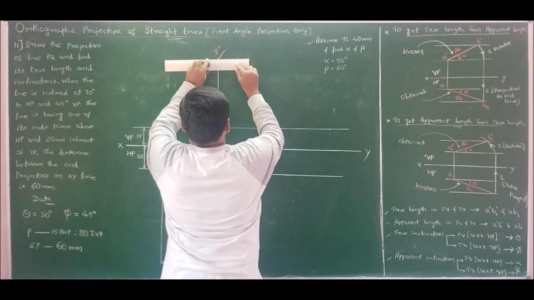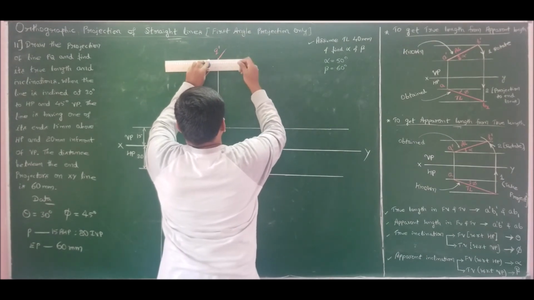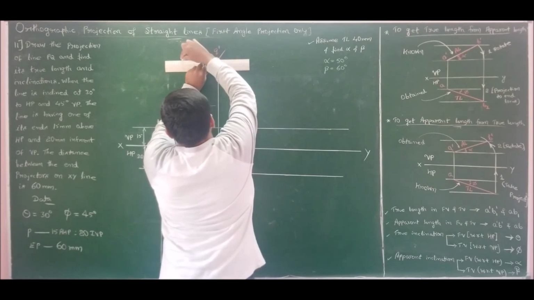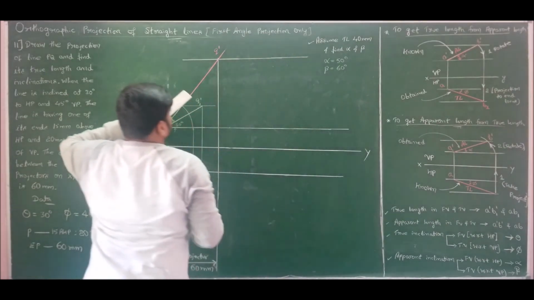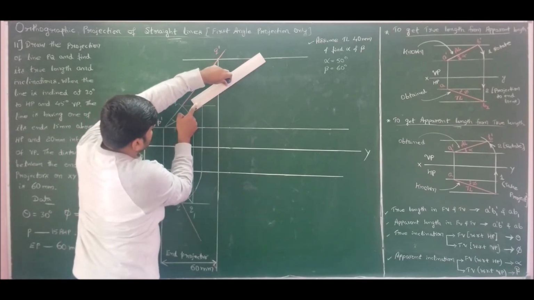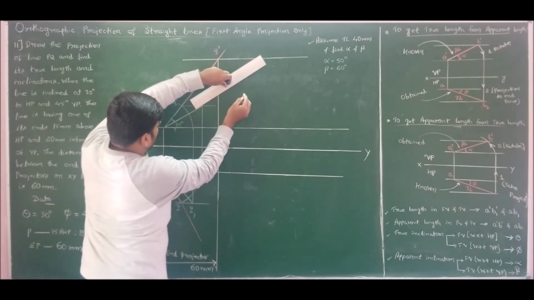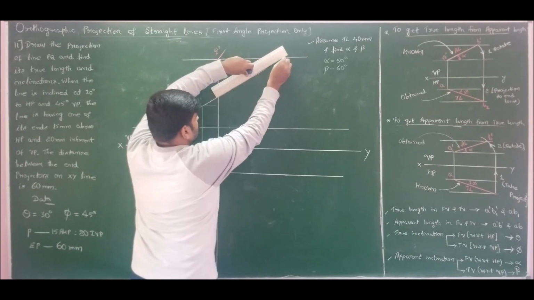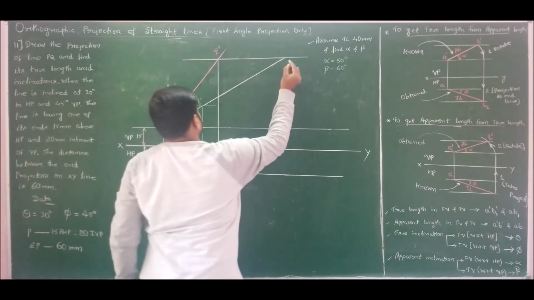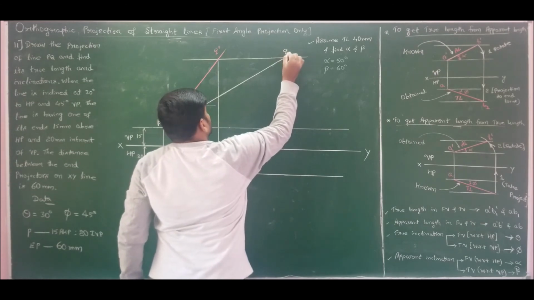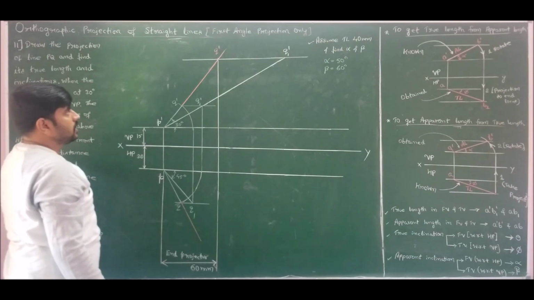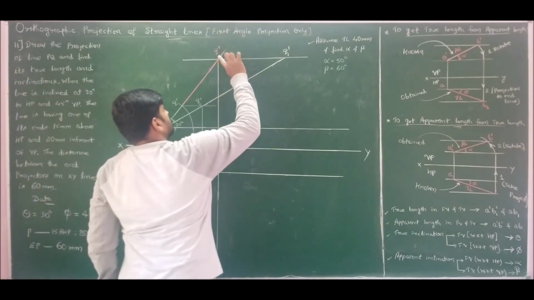Fix the locus. Now extend the true length to intersect this locus. So I extended the true length to intersect the locus. This will give you the actual q1 dash. So we have found the actual q dash and actual q1 dash.